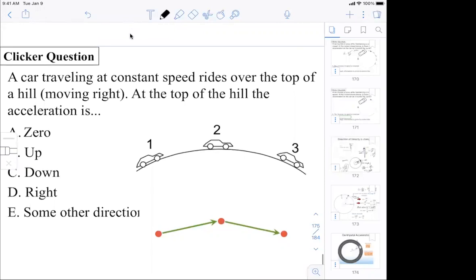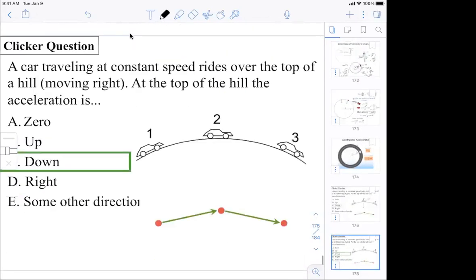So at the top of the hill, the car is moving at a constant speed, right? At the top of the hill, the car is moving with this speed tangential to this direction. So your centripetal acceleration will be pointing directly down. That is perpendicular to your velocity, and it's changing the direction of your velocity. So it's pointing downward, okay?